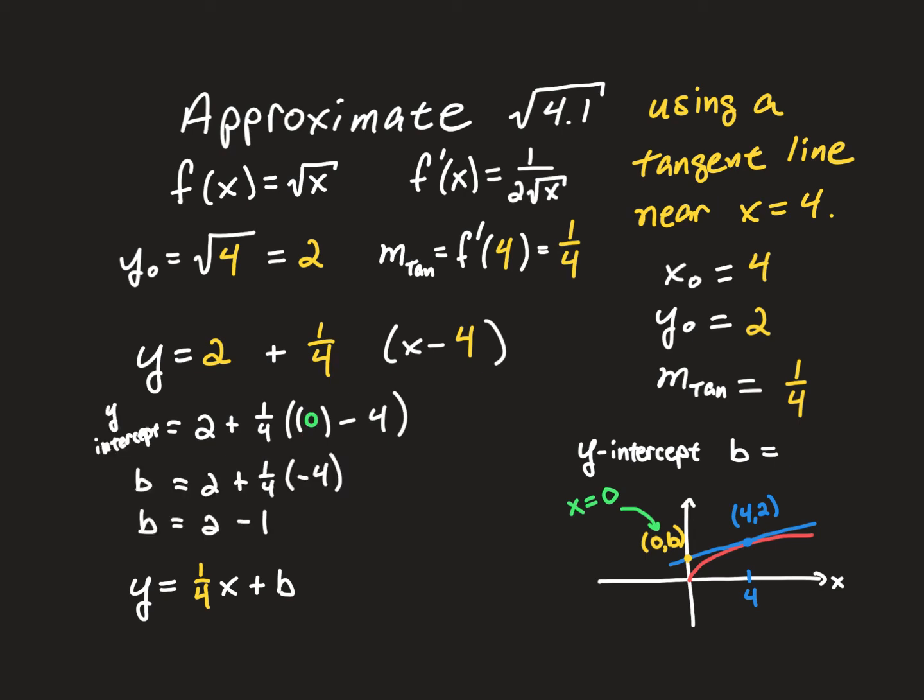So let's simplify that. 0 minus 4 is minus 4. Minus 4 times 1/4 is minus 1. 2 minus 1 is 1. And so now that we have that value, we have b is equal to 1, because b is the y-intercept. And so we have 1/4 x plus 1.